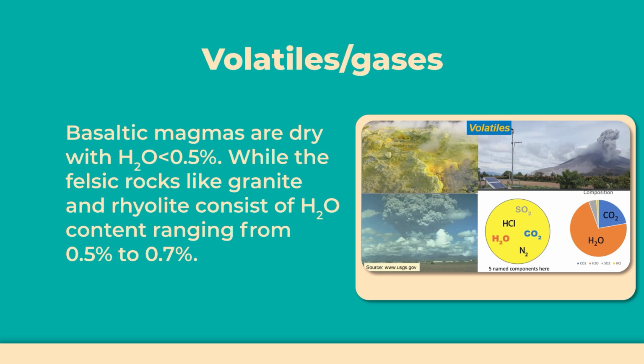You see on your screens on top left, sulfur dioxide is escaping, and by the process of sublimation it is forming yellow deposits comprising sulfur. And you see a pie chart which shows the average percentage of different volatiles that comprise a magma.